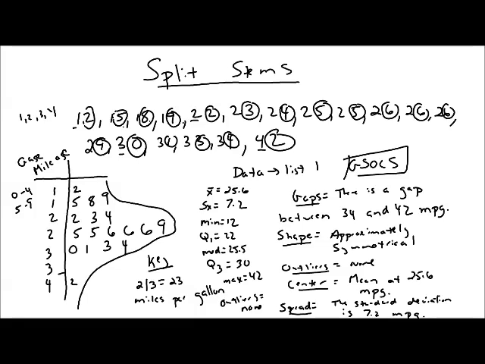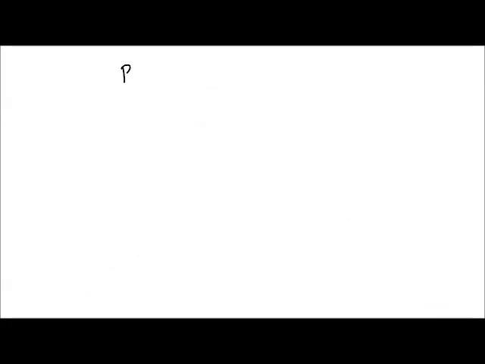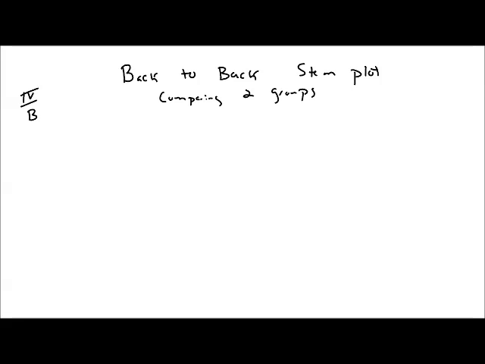Now we're going to do a back-to-back stem plot. That's comparing two groups. So now we're looking at number 4, we have B, and we're on number 3. It has male doctors and female doctors.